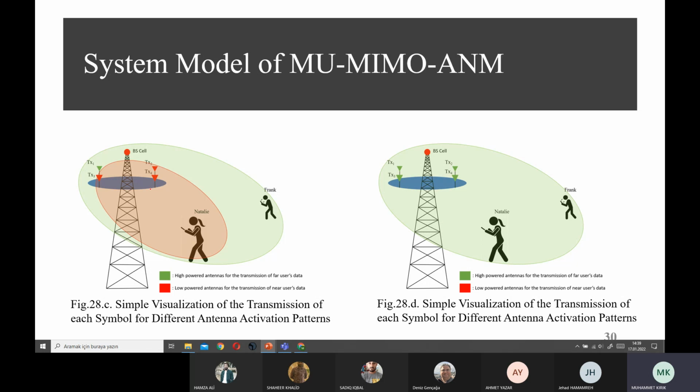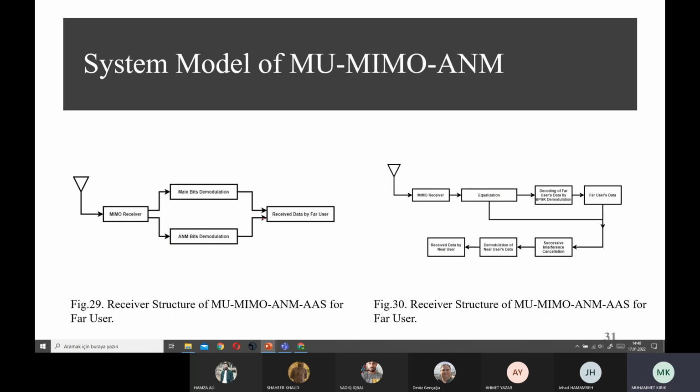For this reason, the signals of the near user are not reaching the far user, because we don't want our far user to be affected by the multi-user interference. So since the far user doesn't get the signals of the near user, we don't have anything to worry about. We can directly apply the receiver structure of the plain antenna number modulation.